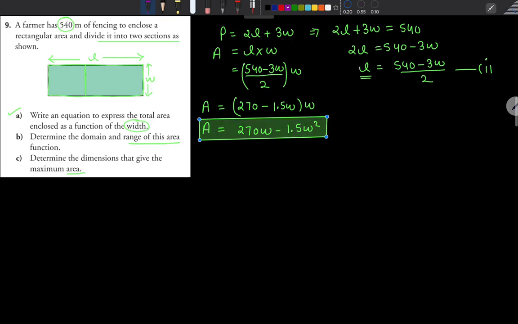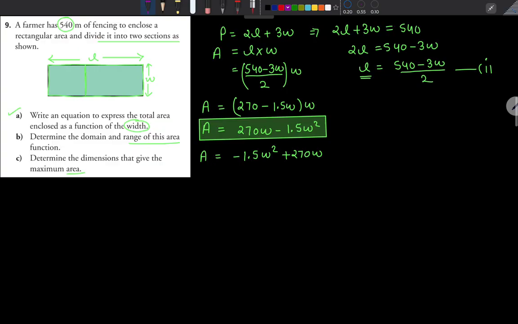Now let's solve part 2. In part 2, they are asking for the domain and the range of this area function. For that, we need to draw the graph of this function. I am considering it as negative 1.5W square plus 270W.